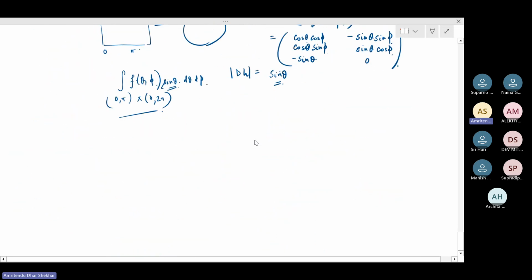You could set z equal to c cos theta, y equal to b sine theta cos phi, and x equal to a sine theta sine phi.